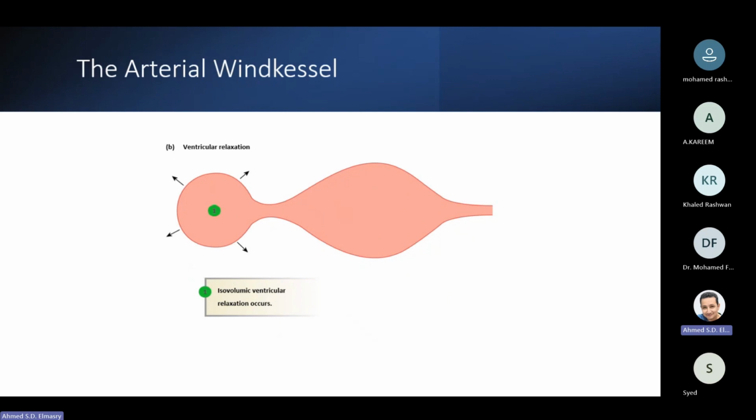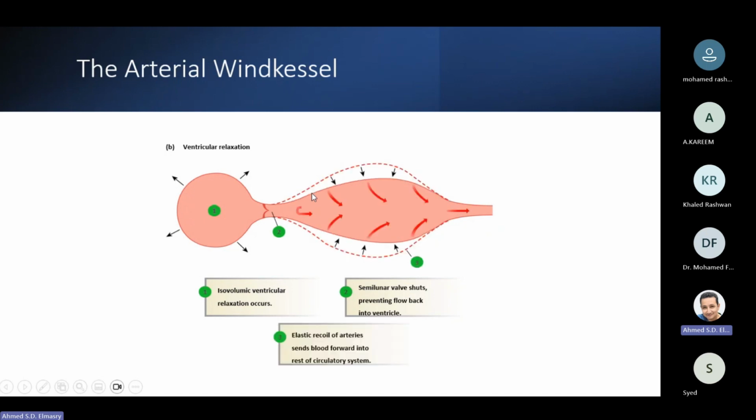Later on, during the ventricular relaxation, the ventricle starts relaxing and the aortic valve starts closing. Then what will happen here? There is no blood supply going to the distal organs, but the aorta will start the elastic recoil, and the blood stored in the wall of the aorta will be directed to the distal organs during the diastole.